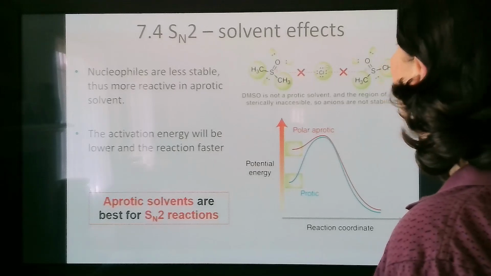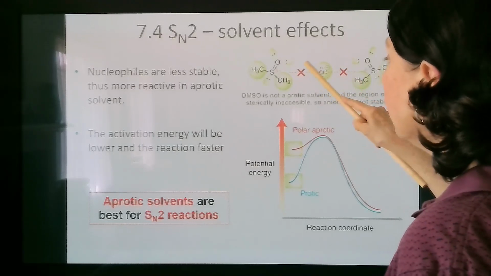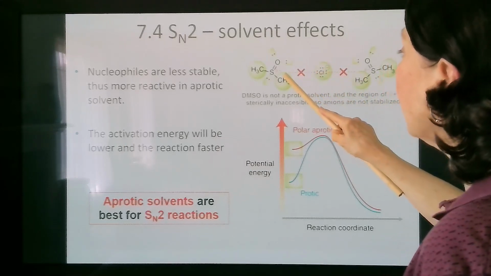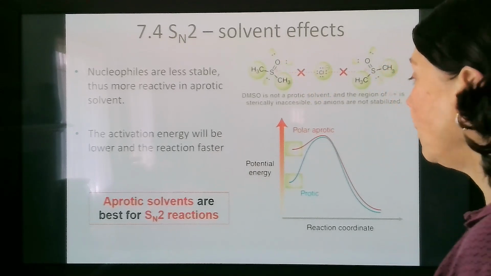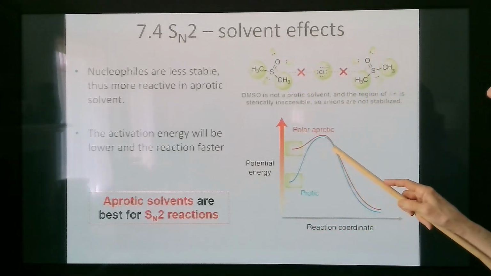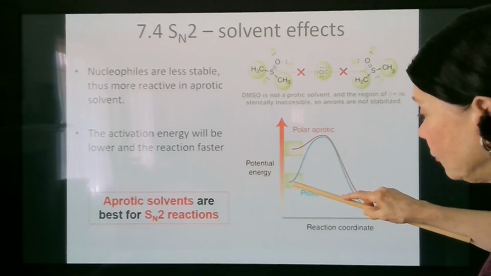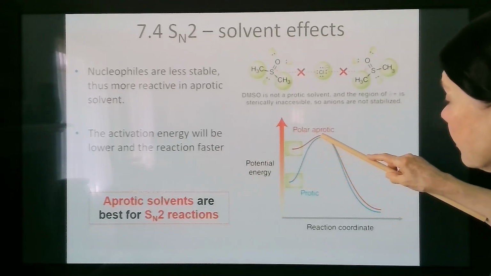And so here, you have no interaction with the nucleophile. This is an aprotic solvent molecule, DMSO. If you have a protic solvent, it's stabilizing the anion, and so you're going to have a much higher energy hill.